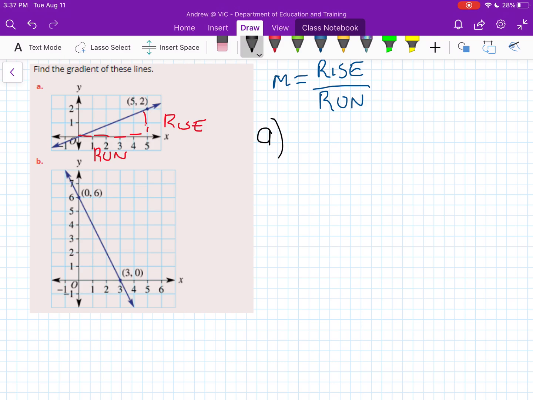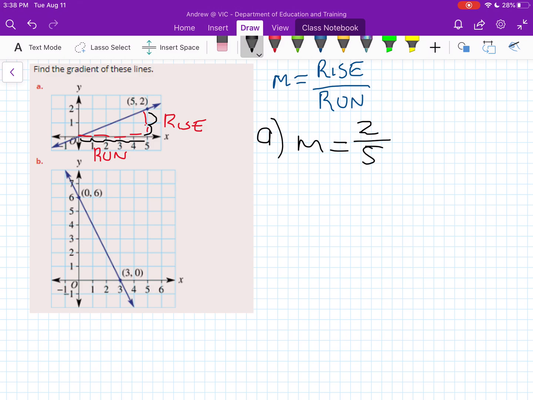So now we just need to work out how far it goes up by. So we can see here that it goes up by 2, hopefully. You can see it goes up 1, 2, because we're at the origin and comparing to the origin, this (5, 2) is actually going to tell us how far away it is. So it goes up 2, and then our run, how far across. Okay, hopefully we can see this is 1, 2, 3, 4, 5.